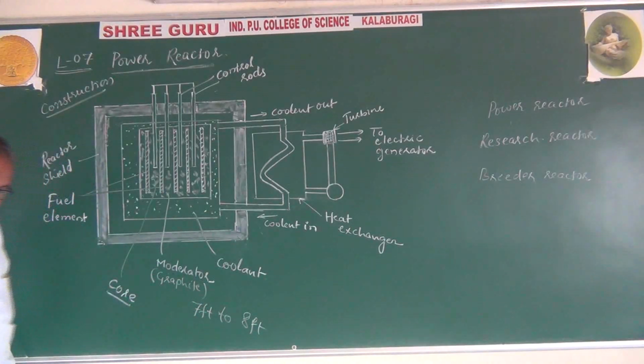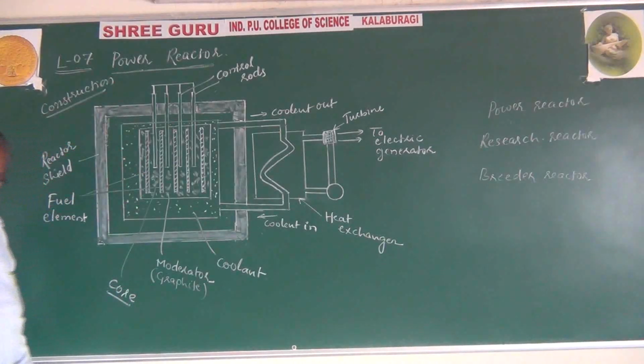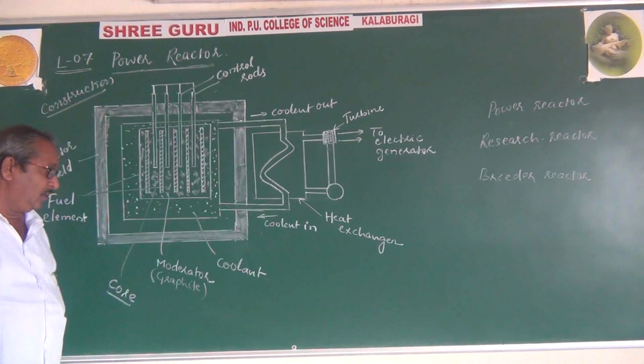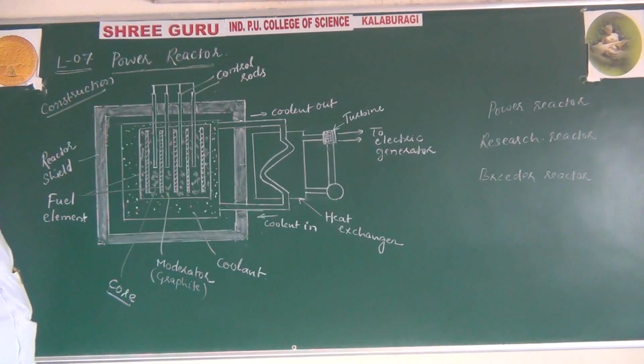That is what we call a moderator, which slows down the fast moving neutrons and converts them into thermal neutrons. That is the function of the moderator. I will tell you once again how it works.